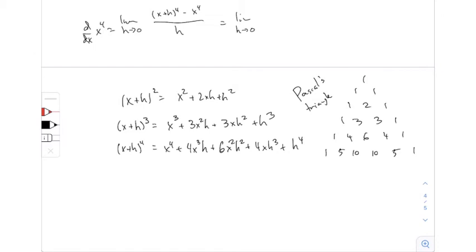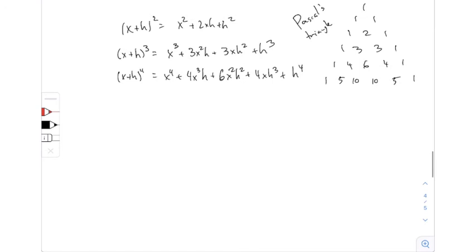Pascal was not the first one who studied this, but as you know, things in mathematics tend to be named after the first white person who wrote about them. Pascal's triangle first appeared in some Arabic writings.